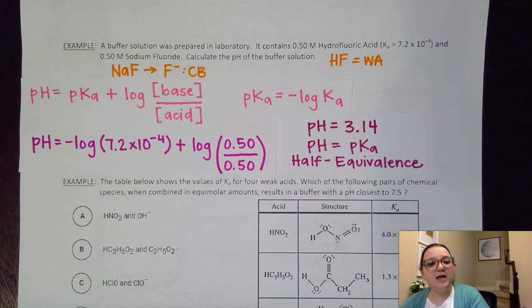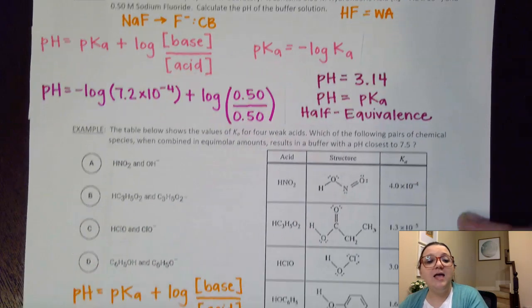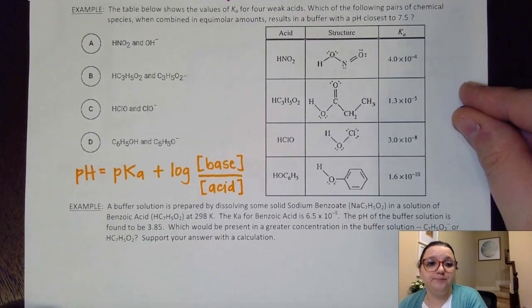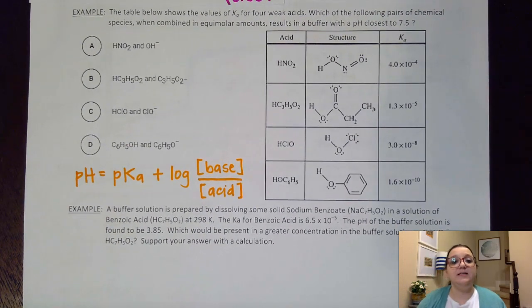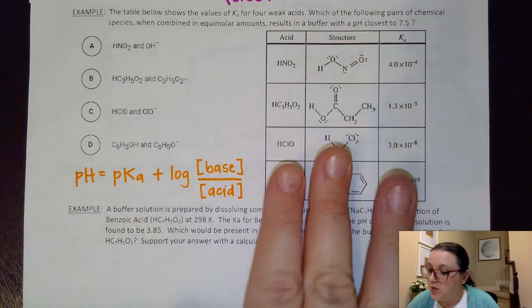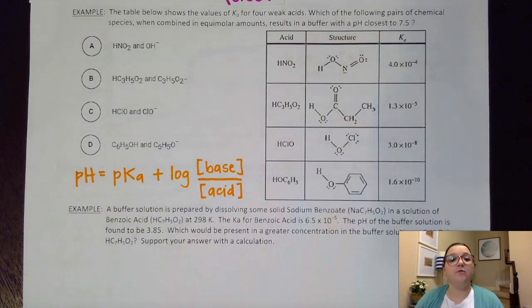Let's go ahead and look at the next example, which is actually a multiple choice question. It says that the table below that we see right here shows the values of Ka for 4 weak acids. Which of the following pairs of chemical species, when combined in equimolar amounts, results in a buffer with the pH closest to 7.5?